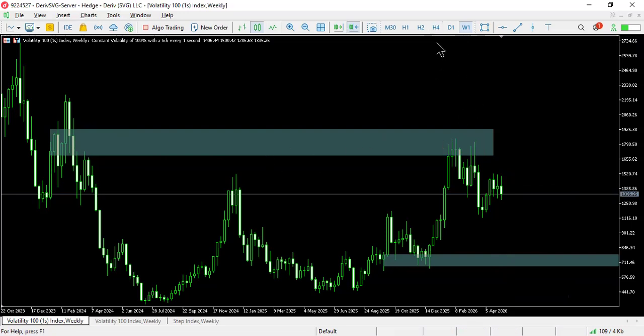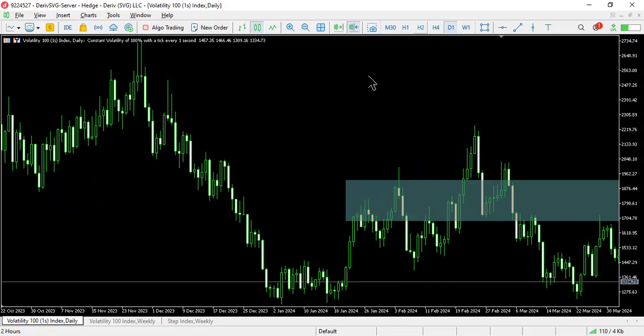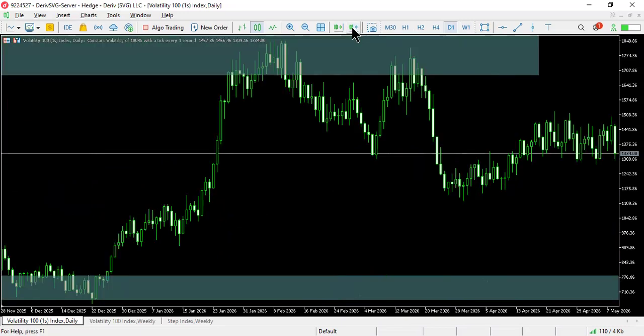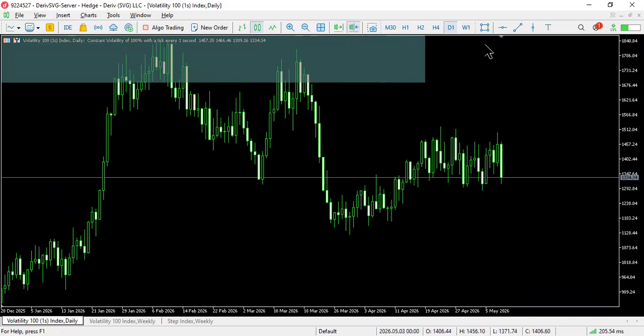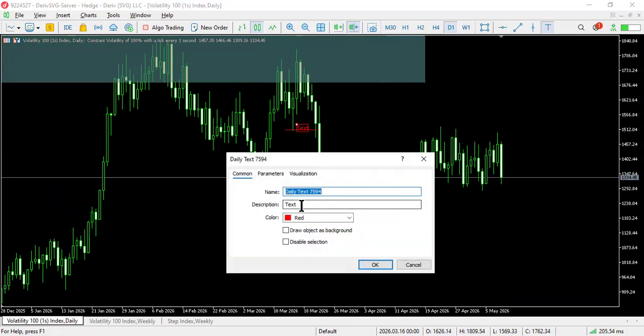Moving over to the daily time frame. So from the daily time frame, we have this internal break of structure. So we have an internal break of structure right there.